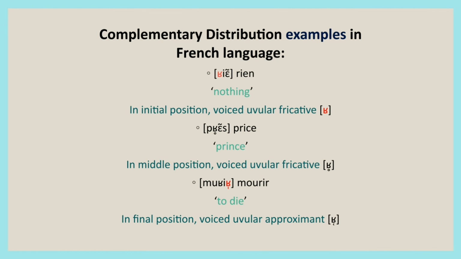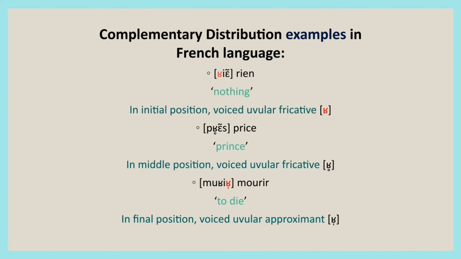Then, I have some examples of complementary distribution in the French language too. We can take a look at the r sound. French has 3 r sounds. For example, in the word rien, it means nothing in English. It occurs in initial position.